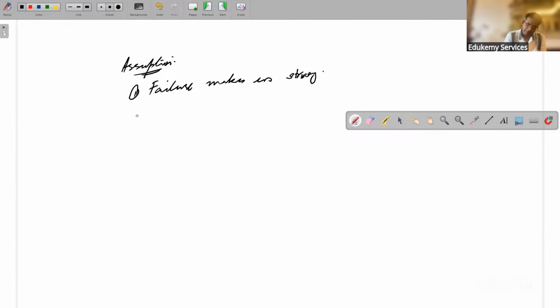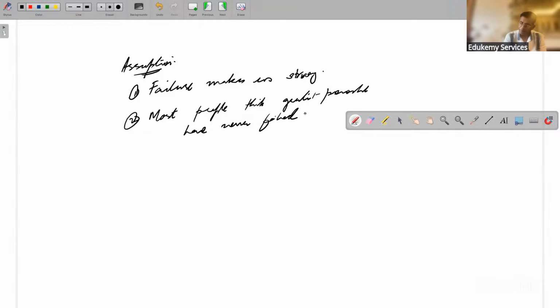This is one assumption. And another assumption is that most people think that the greatest personalities have never failed. These are two different assumptions.